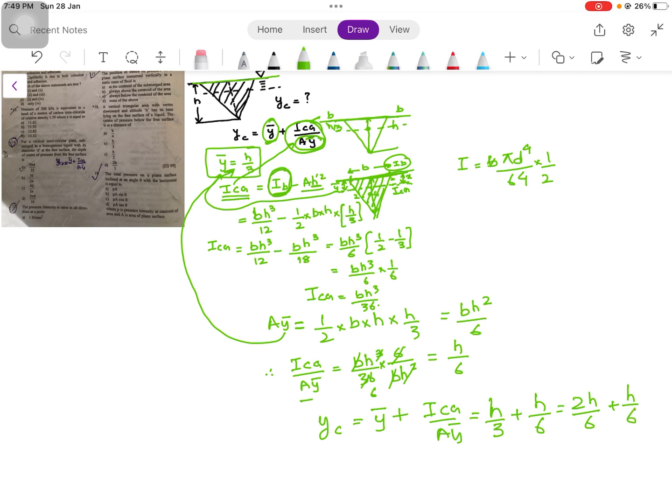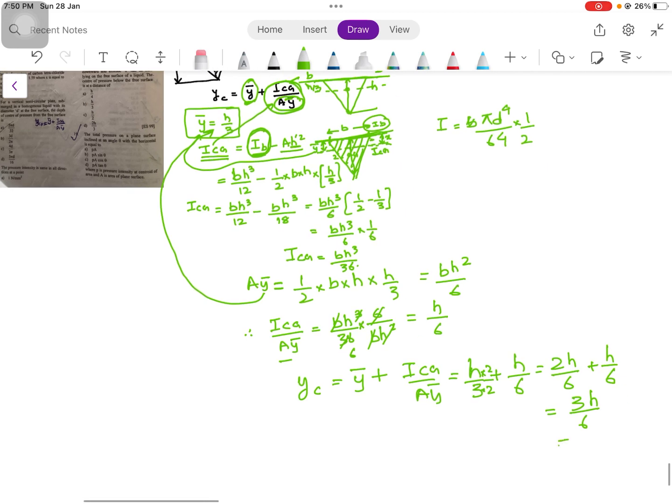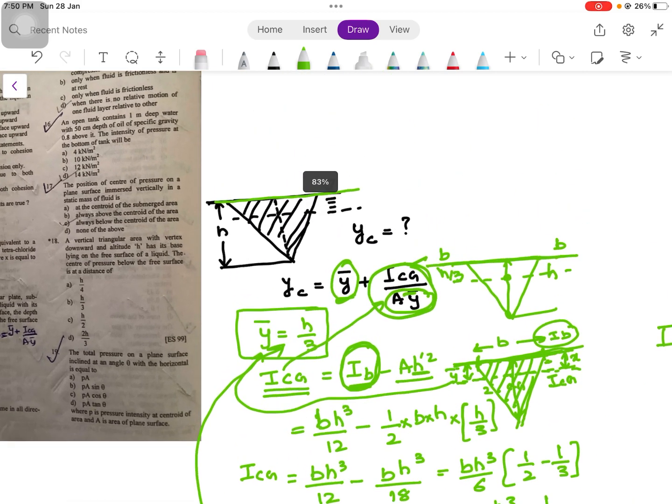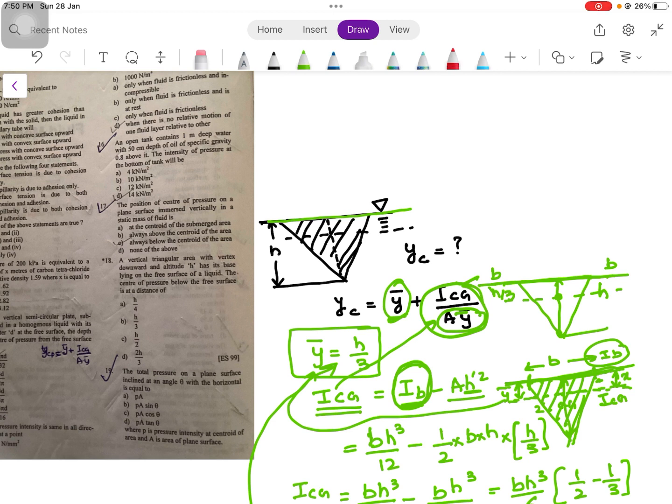What basically I did is I made the denominator equal by multiplying and dividing by 2. All right, so this is 2h upon 6 plus h upon 6, that is 3h upon 6, equals h by 2.